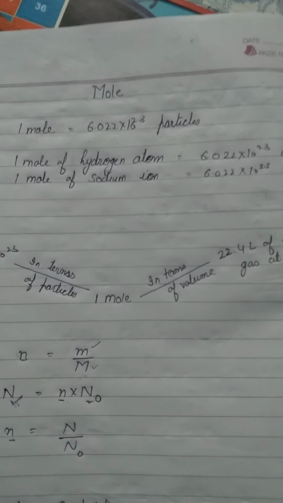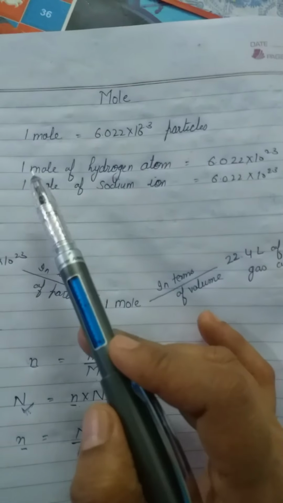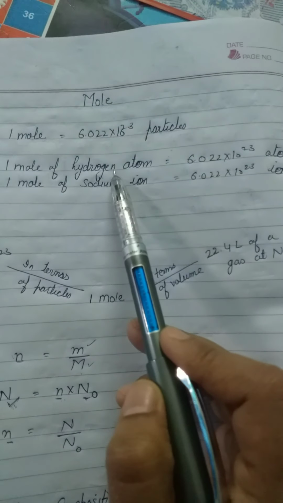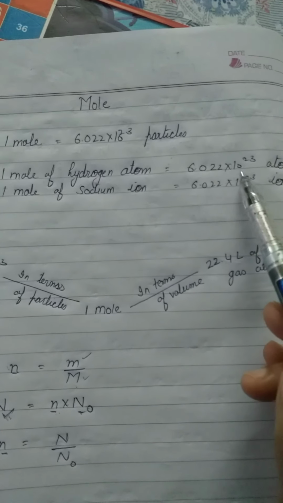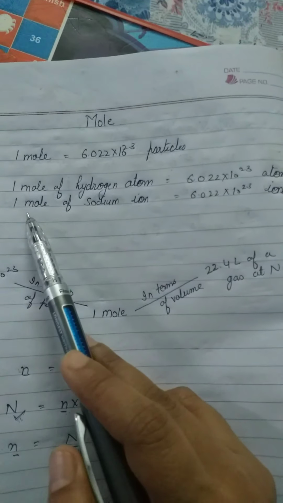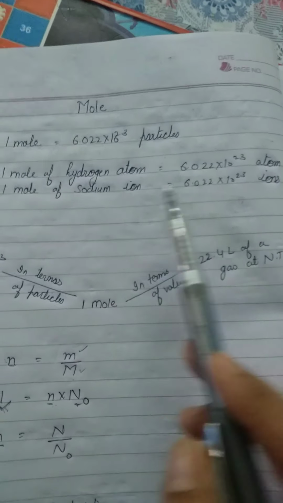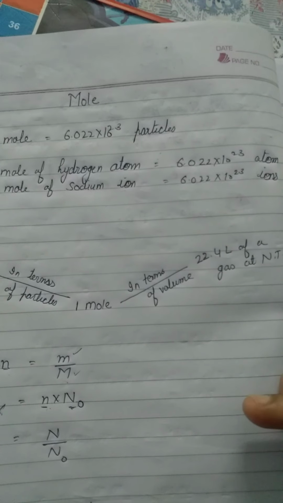Now, if we are talking about 1 dozen of banana, this means we are talking about 12 bananas. Similarly, when I am talking about 1 mole of hydrogen atom, that means I am talking about 6.022 × 10^23 atoms of hydrogen. And if I am talking about 1 mole of sodium ion, that means 6.022 × 10^23 sodium ions.